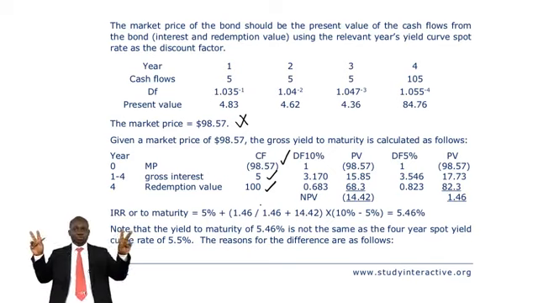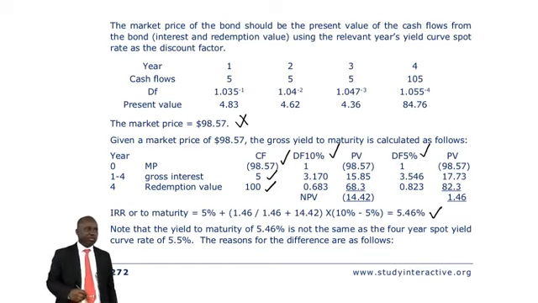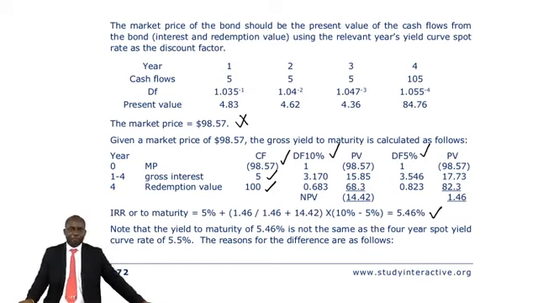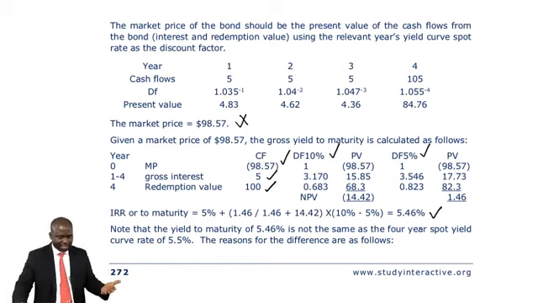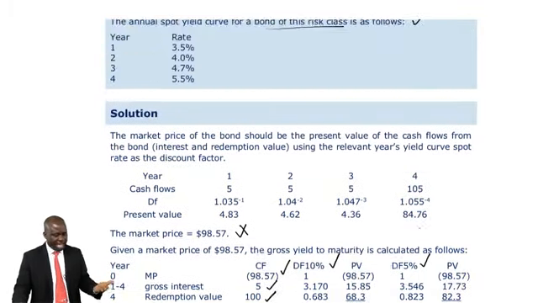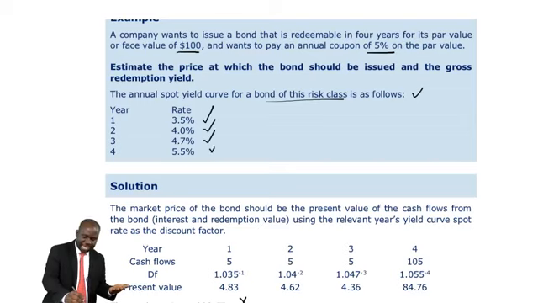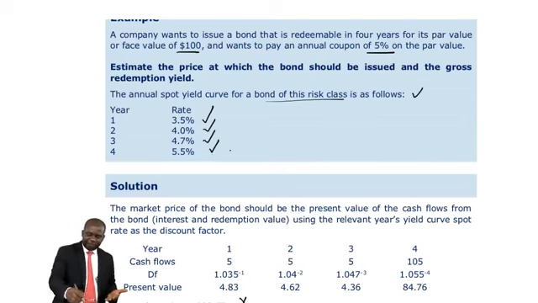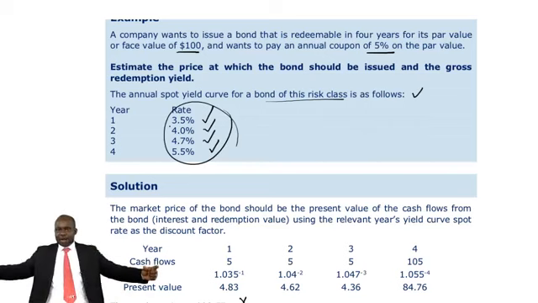I pick 2 rates, assume myself. So here they pick 5% and 10%, and they got an internal rate of return of 5.46%. And this is why we told you that the internal rate of return is not the rate you get every year. The rate you will get every year is this, and that. The weighted average of this is what is giving you the internal rate of return.